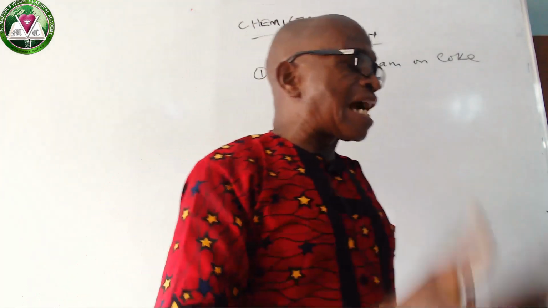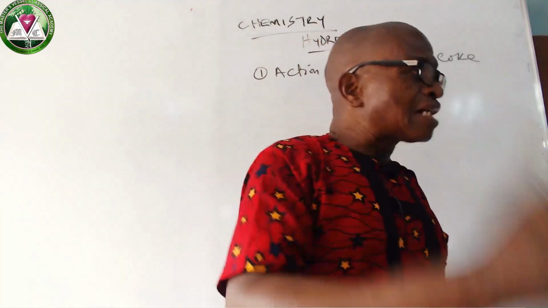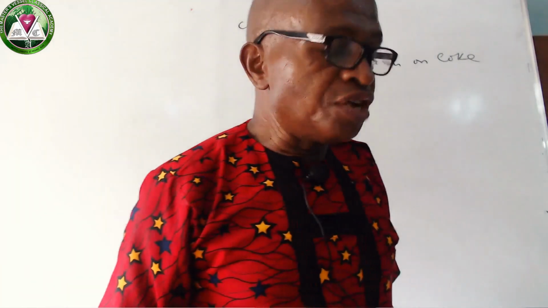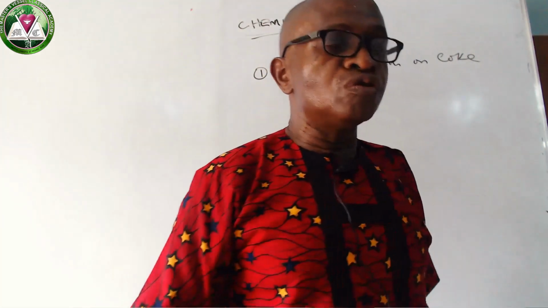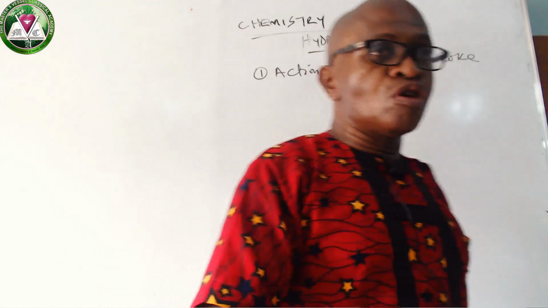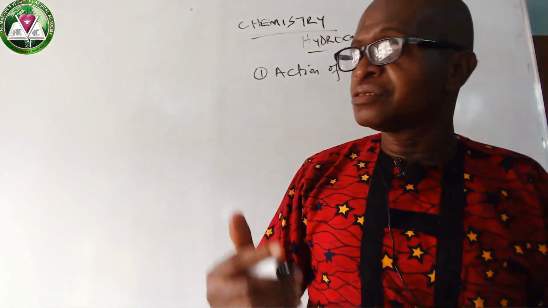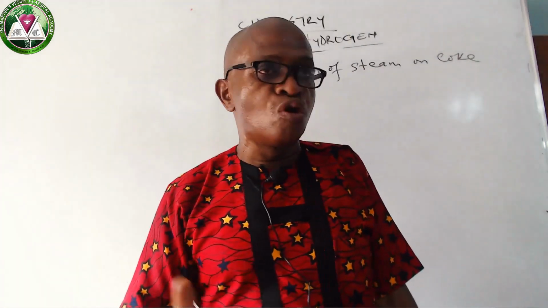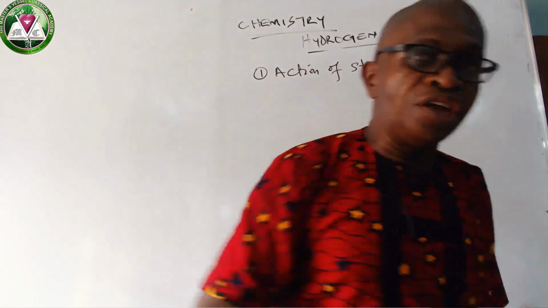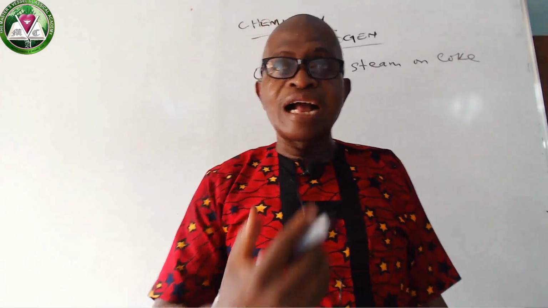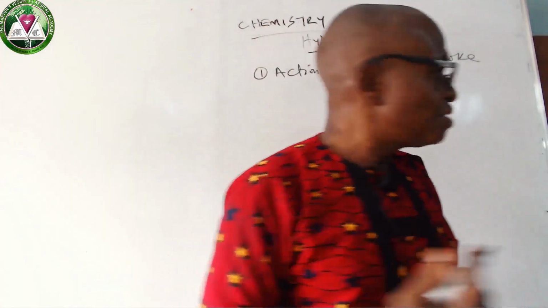After producing water gas, you will react water gas with excess steam. From the excess steam, you can now produce your CO2. After producing a mixture of CO2 and hydrogen, you pass the gas through an alkali. The alkali will absorb the CO2, while hydrogen will not react with it. You can now recover your hydrogen.